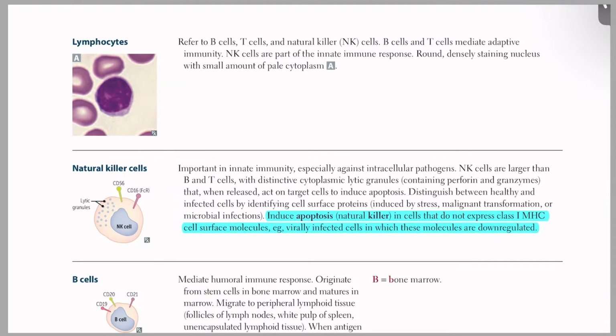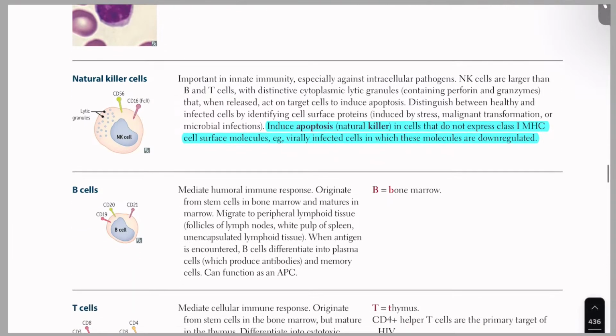Lymphocytes refer to B cells, T cells and natural killer NK cells. B cells and T cells mediate adaptive immunity. NK cells are part of innate immune response. Round, densely staining nucleus with small amount of pale cytoplasm, shown in image A. Natural killer cells, important in innate immunity, especially against intracellular pathogens.